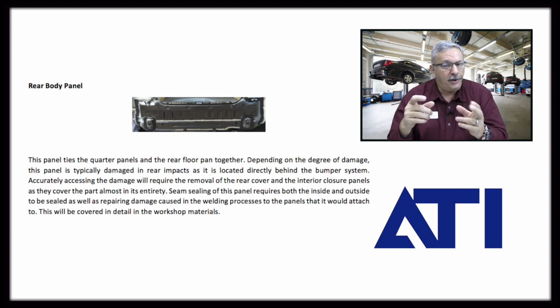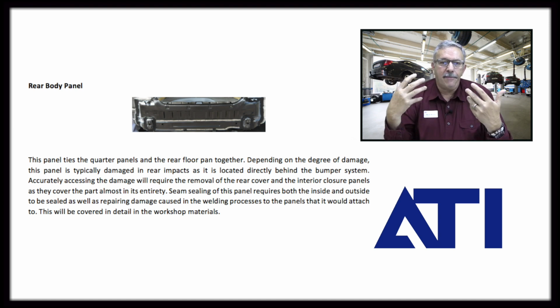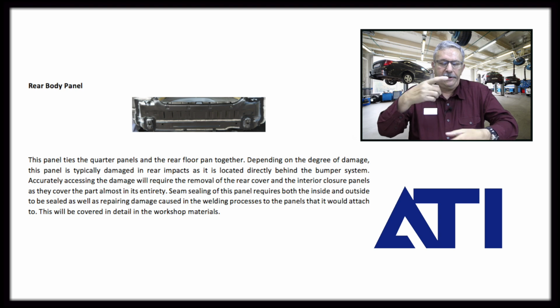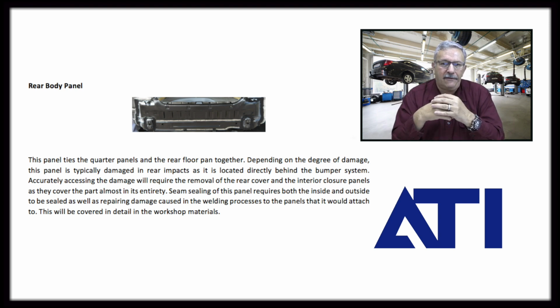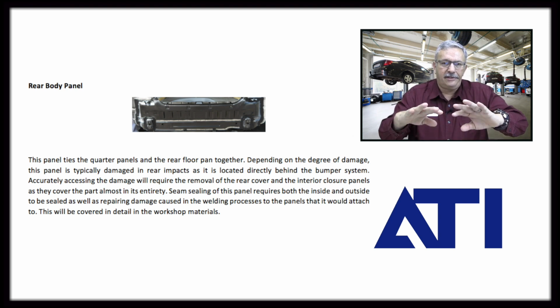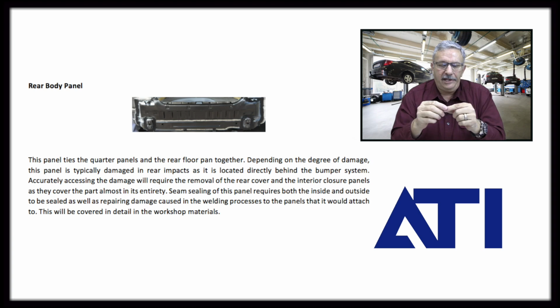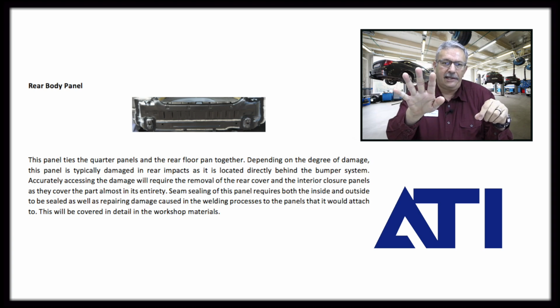But number two, and we don't think about this very much, how about the gases that are coming out of the motor going out the exhaust? We've got air moving in the back of the vehicle. It can bring some of those gases back to the vehicle. We need all of those seams sealed so that gas can't come back inside the vehicle. The seam sealing part of this is extremely important.